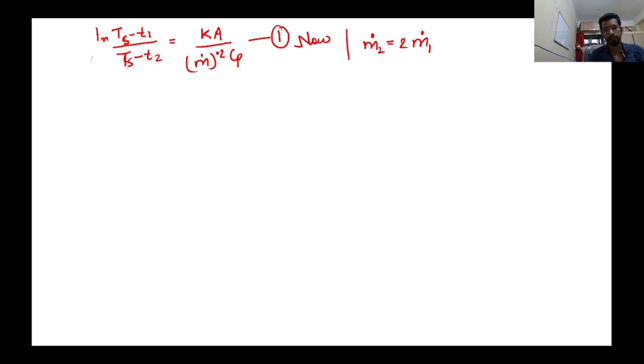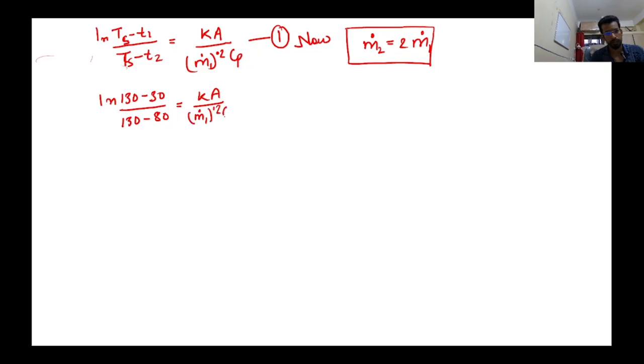Now we have ln of (130 minus 30) upon (130 minus 80), where Ts is 130 and T2 was 80, is equal to KA upon m1 to the power 0.2 cp.